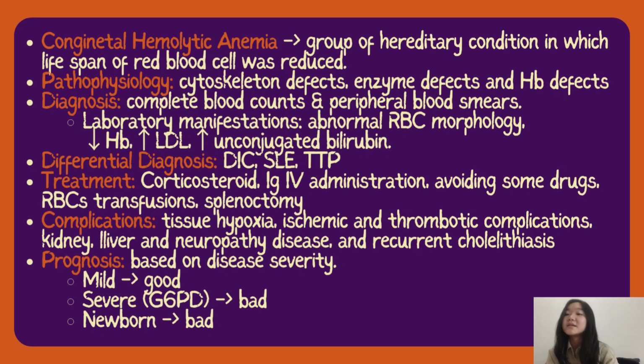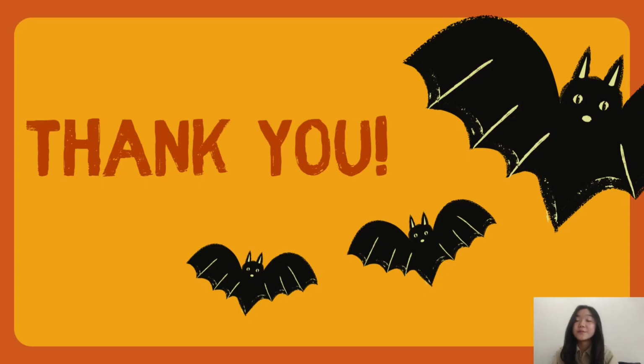The complications for CHA are tissue hypoxia, ischemic and thrombotic complications, kidney, liver, and neuropathy disease, and recurrent cholelithiasis. The prognosis are based on disease severity, which is good for mild CHA and bad for G6PD patients and newborns. So that's the presentation of our student project entitled Congenital Hemolytic Anemia.